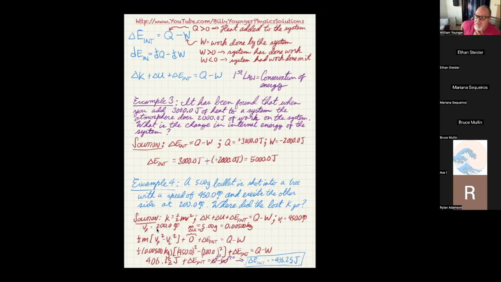What you do notice is if you actually stuck your finger in the hole that was left by the bullet, you'd probably find the tree's a little hotter. And you, of course, would find the hole through the tree. That's another thing, but you can't really account for those. So what we know is obviously because it lost that much kinetic energy, that much kinetic energy must have gone into a decrease in internal energy. Any questions on that?